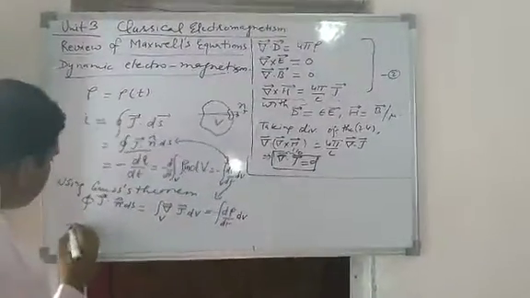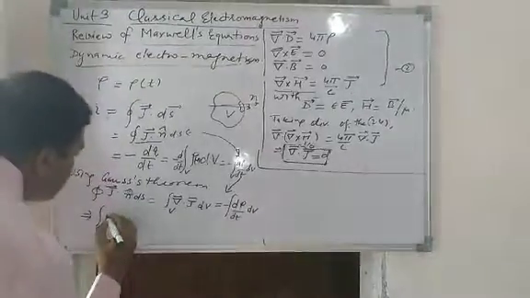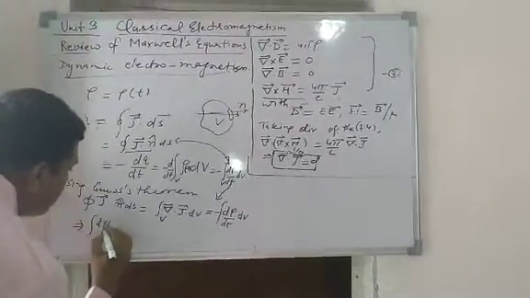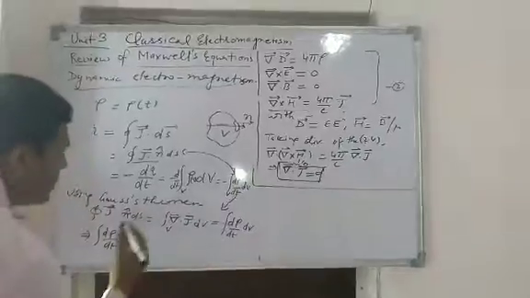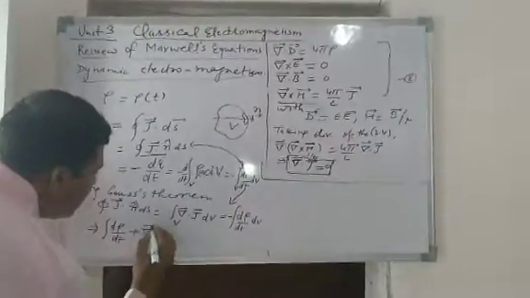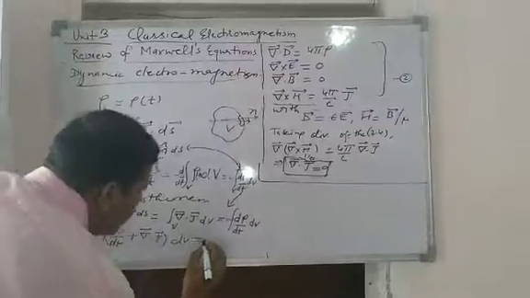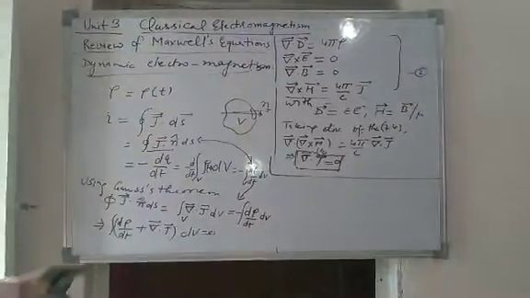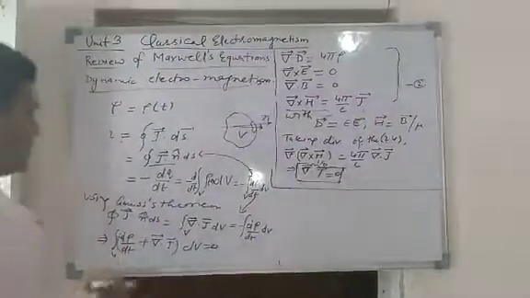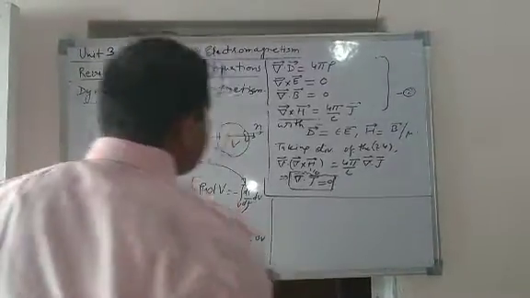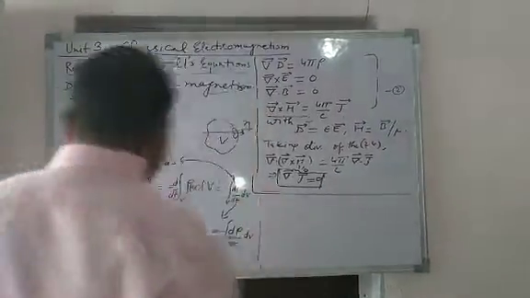So this immediately implies that if we take d rho by dt on this side and del dot J, this whole thing should be equal to 0.